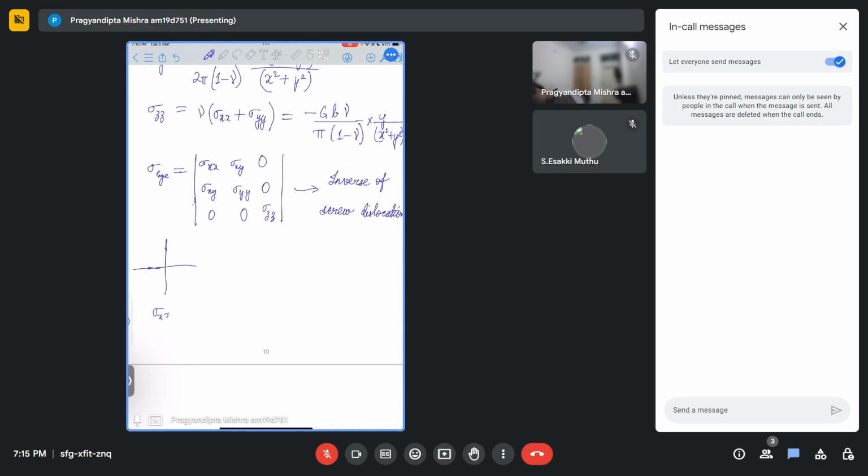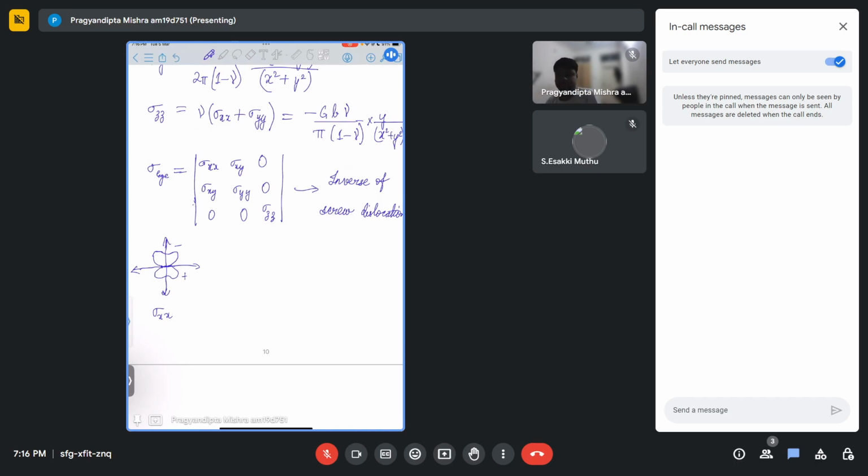So sigma xx will look something like this. This is how sigma xx will look.